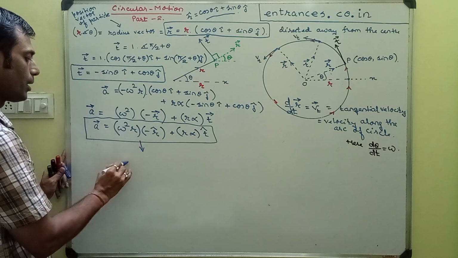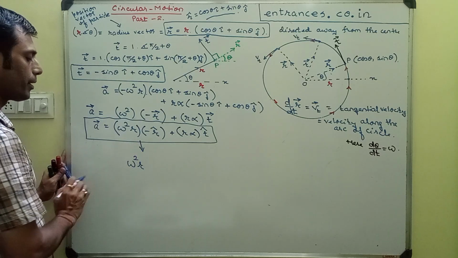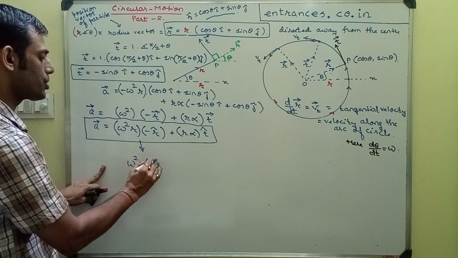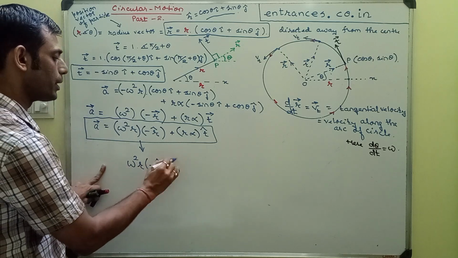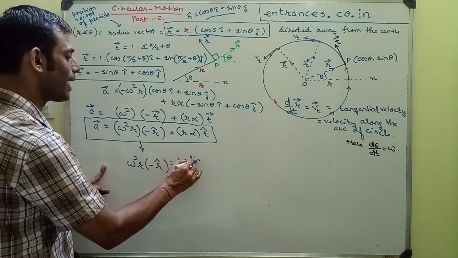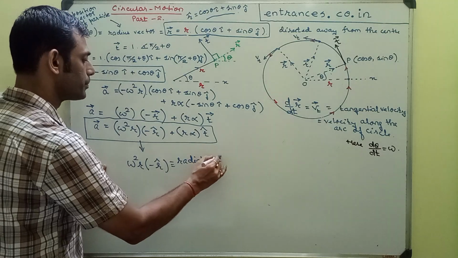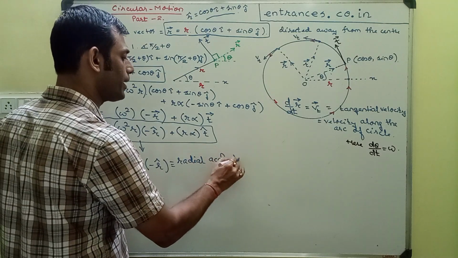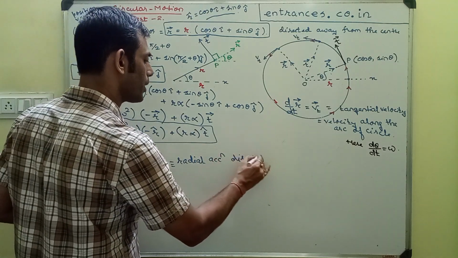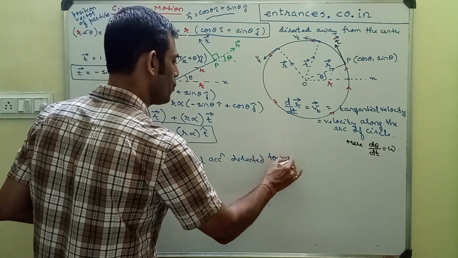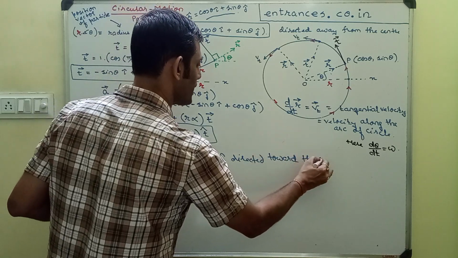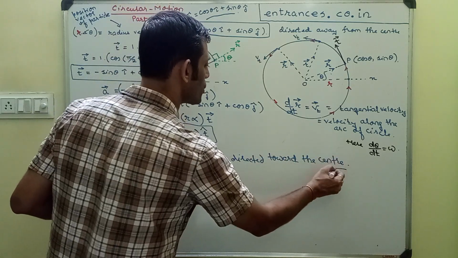This part, omega square r into minus r cap, is actually the radial acceleration and is directed towards the center. Now, surprisingly, why towards the center?